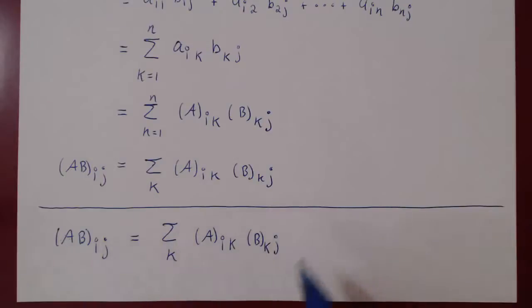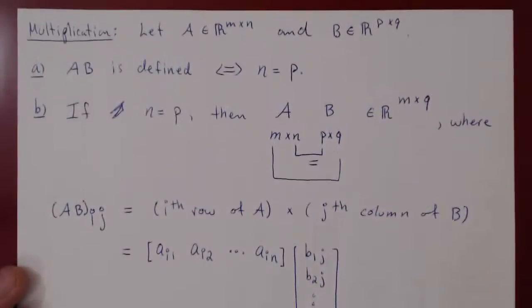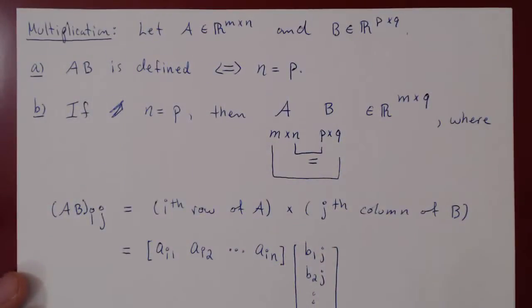And this is how you should remember this expression. We take the ith row of A, jth column of B, multiply corresponding entries, and we add them up. Before we look at actual proofs, let's consider a few examples to see that this may look a bit complicated, but it's actually not so bad.